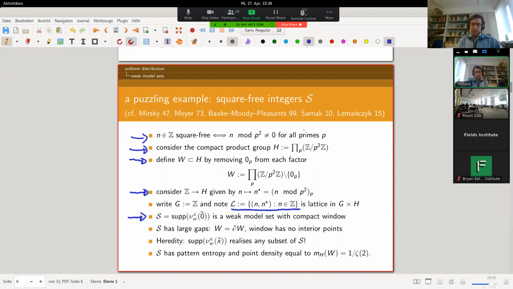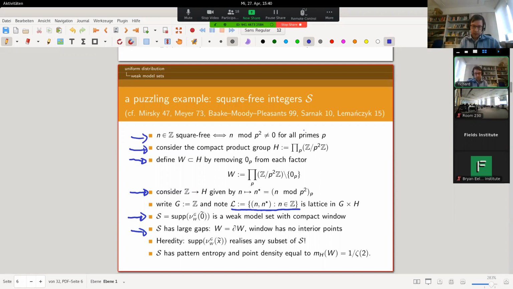So by construction, this set of square-free integers appears as this configuration in G, if the lattice is centered at 0, and it's a weak model set with compact window. But it's somehow nasty because the window has no interior points, and this means that the square-free integers have arbitrarily large gaps, and even more, these arbitrarily large gaps repeat in a very, let's say, regular way.